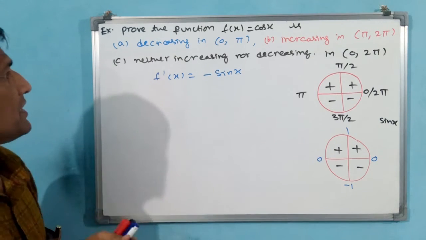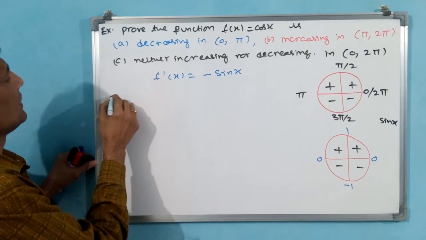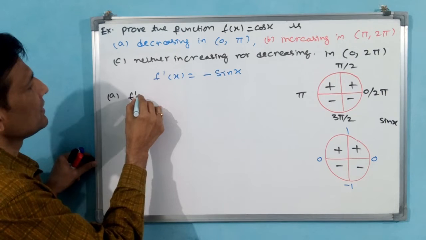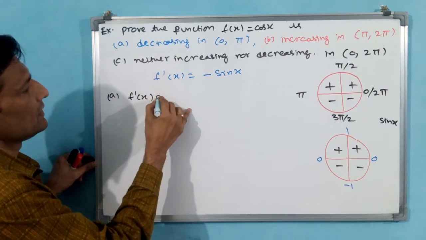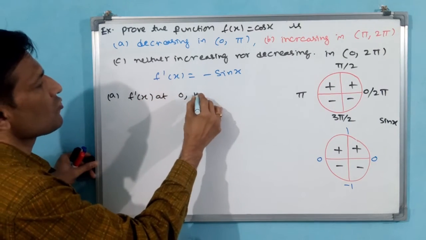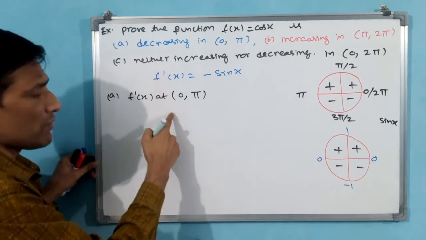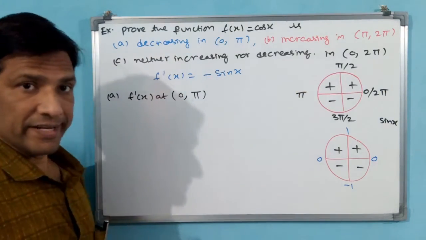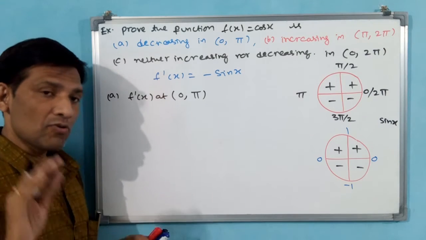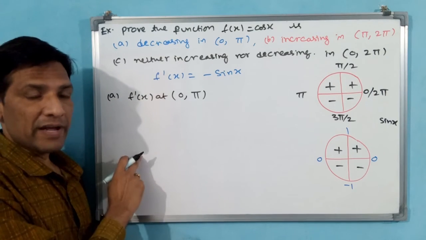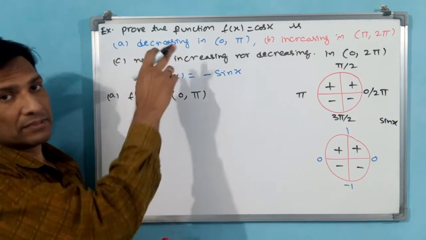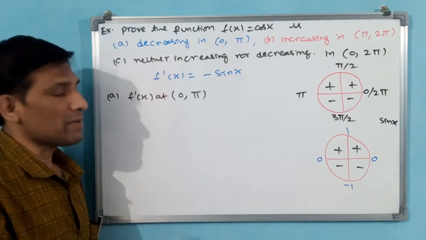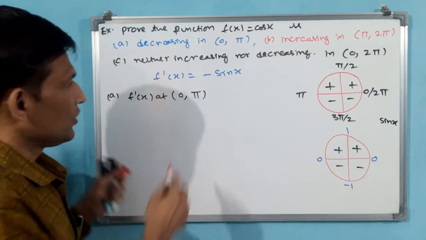Now we go on, we take one by one. A, f dash x at 0 to pi. I have written f dash x, but finally we will write whether function f of x is increasing or decreasing. You are comparing at f dash x, but finally you are writing function f of x. Now you tell me, f dash x at 0 to pi means what will come? 0 you should not take.